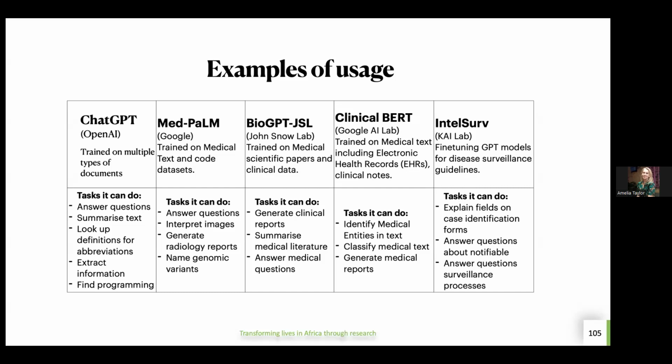Our tool was built on GPT models, and we specialized that model to answer questions specific to disease surveillance and forms that were used in Malawi. That's what we did in my project.